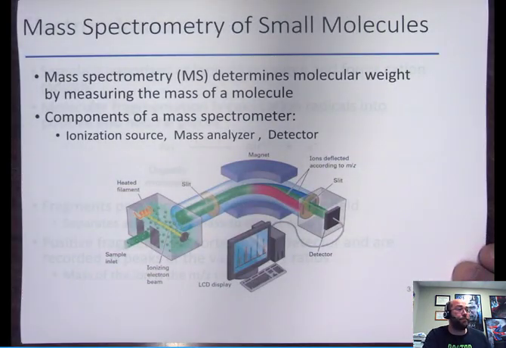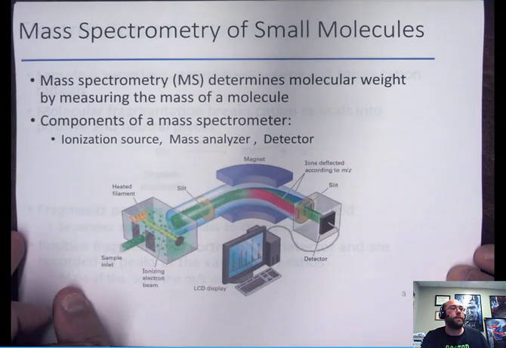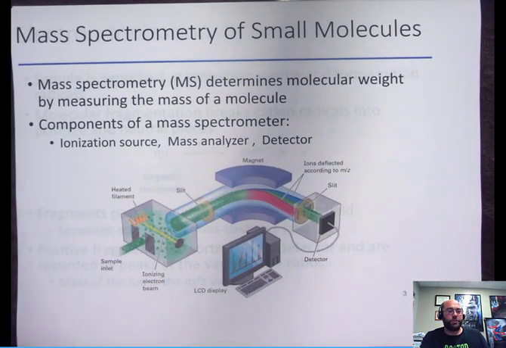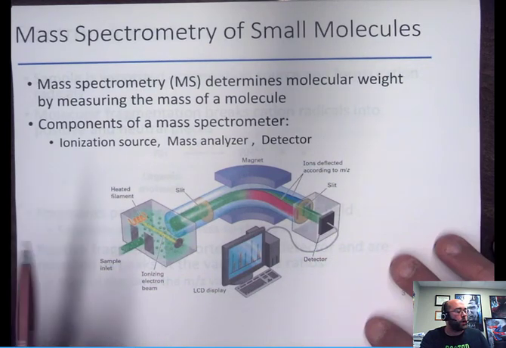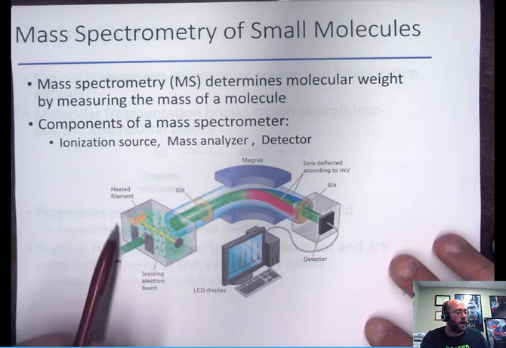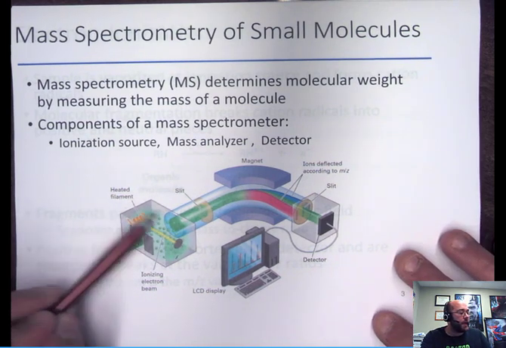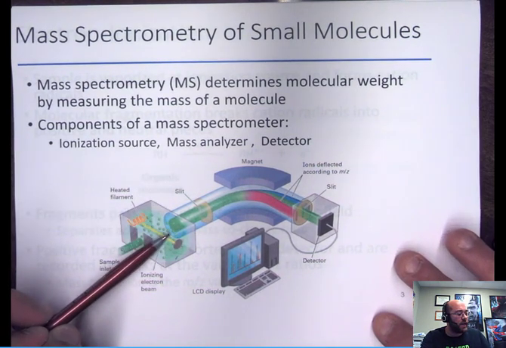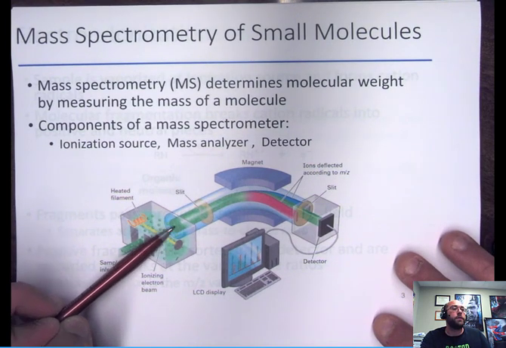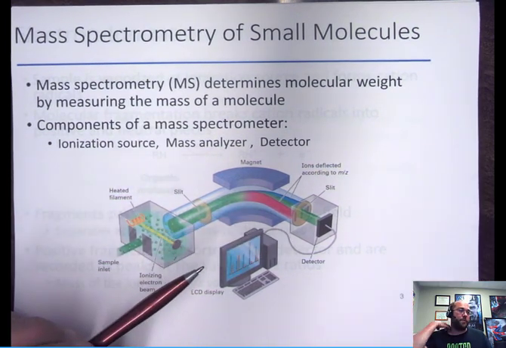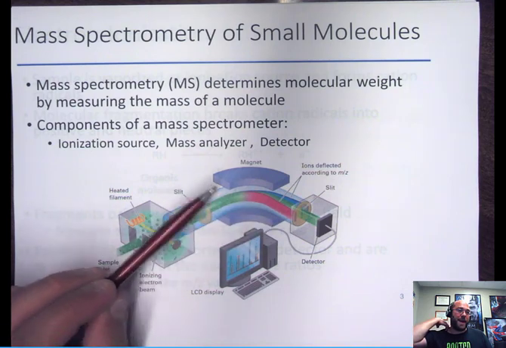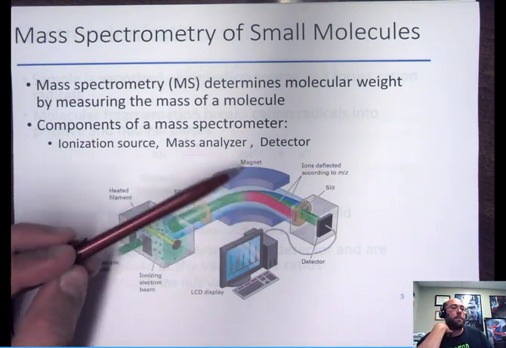All right. For mass spectrometry, your general layout for a mass spectrometer has some type of ionization source where your sample goes in, and it can get heated and ionized, and then those ions will fly through some type of path, but that path is affected by a magnet, right?